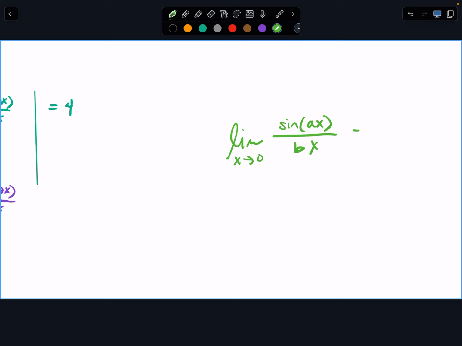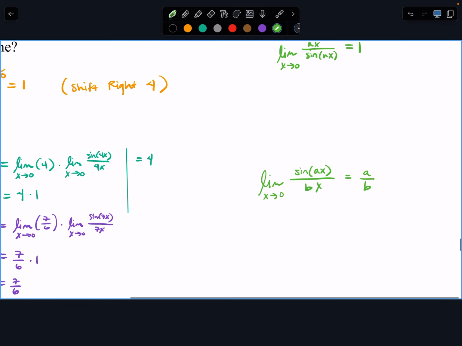That limit ends up being a over b. Which works too, right? If a and b are equal to each other, then that would just end up being equal to 1. So it's just a more generalized rule, and it works for the reciprocal as well, like if you think of bx over sine of ax.